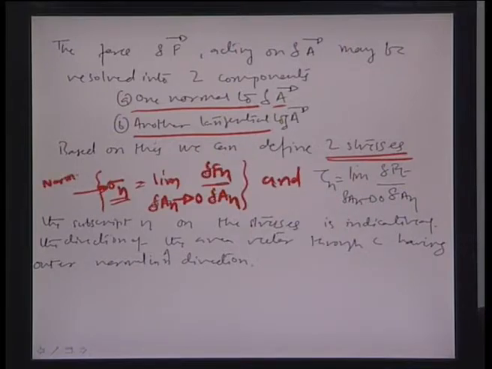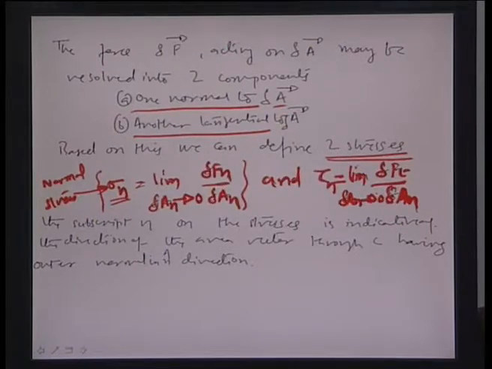Okay. So, this is the normal stress, and the other component which is parallel to the area can be represented as tau n, limit delta A n tends to 0, delta F t, that means the tangential force, by delta A n. Okay. So, the area vector still remains unmodified, it remains the same.